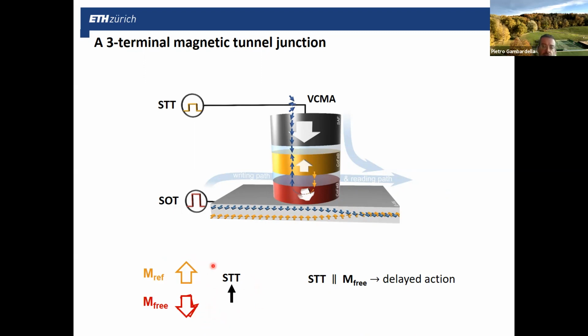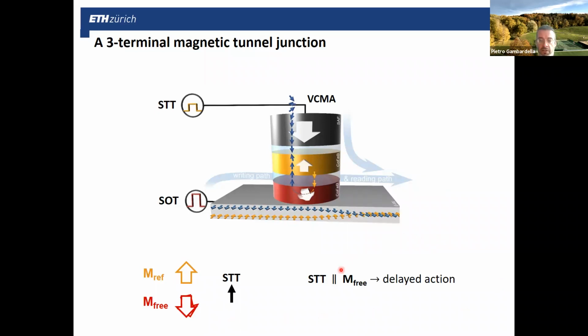And therefore, it can only act on the free layer when the free layer magnetization is not exactly parallel to the torque itself, right? So this means that there have to be some thermal fluctuations of the magnetization in order for this torque to become strong and start switching.